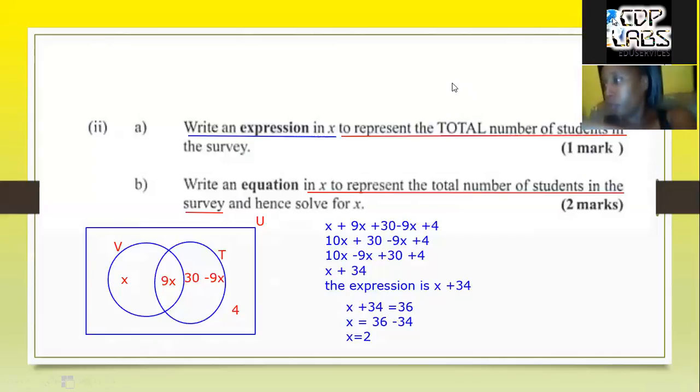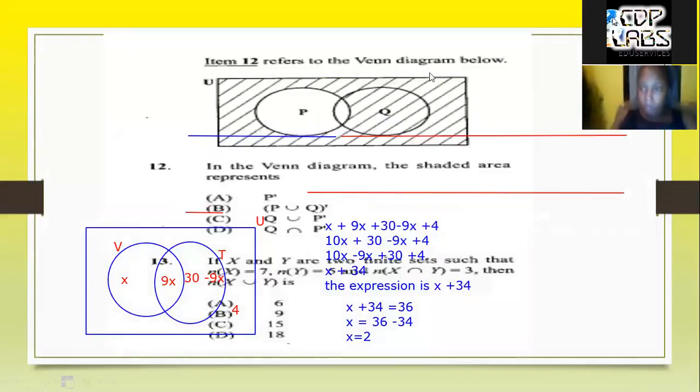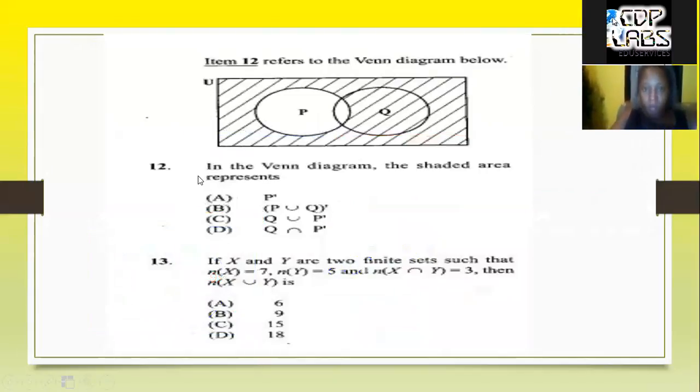So we're going to proceed now. Ready now? Yes. Alright. Now there are some easy parts. There's a multiple choice question. Read the question and tell me the correct answer for 12 and for 13. The diagram. Come on.